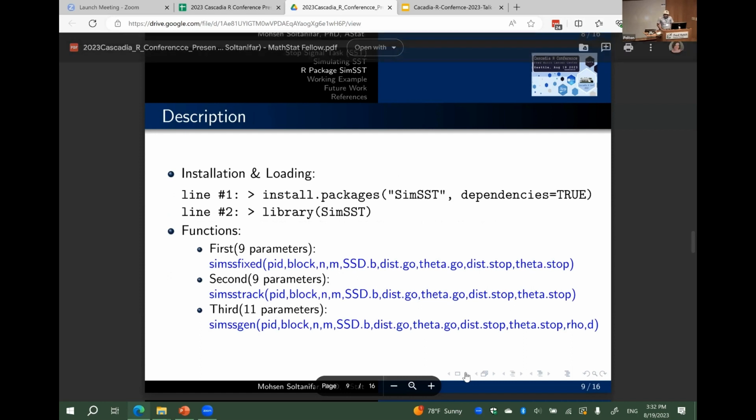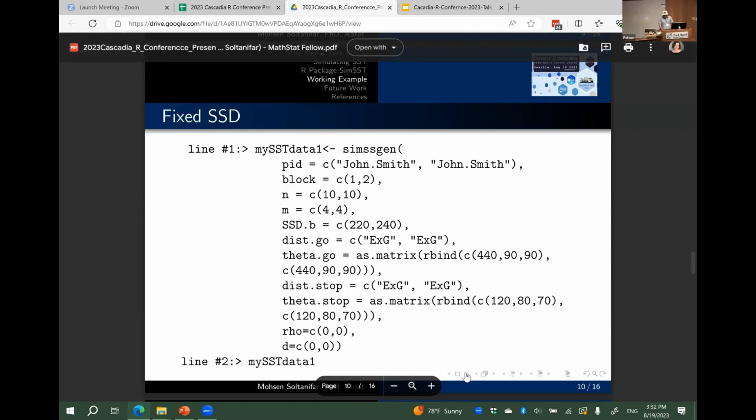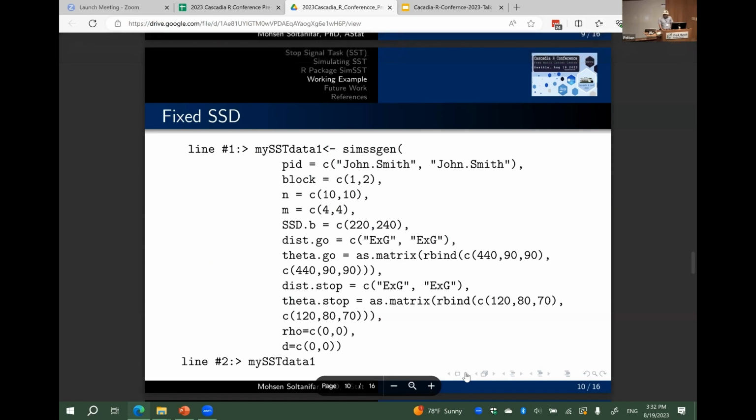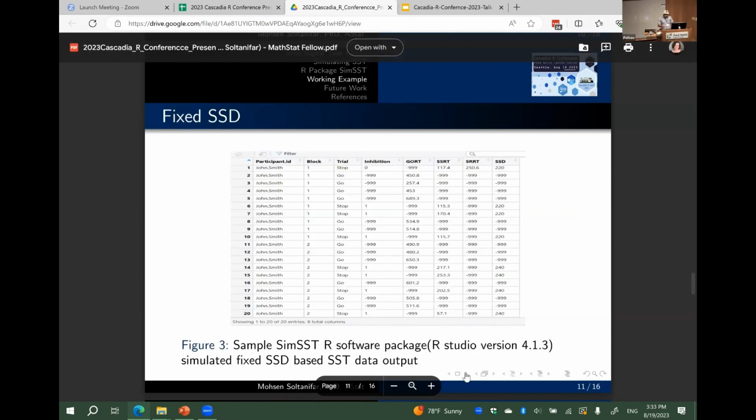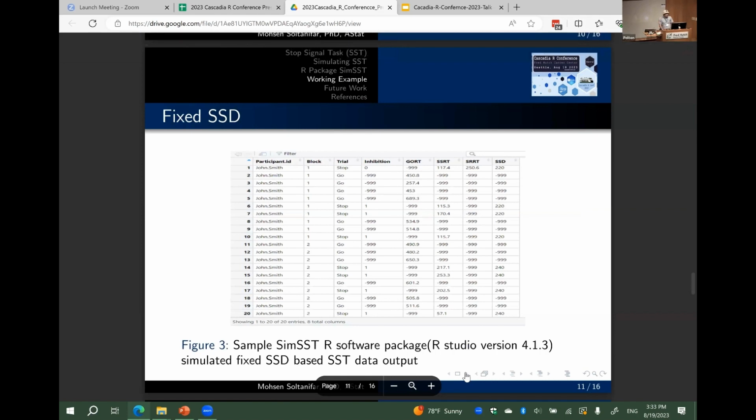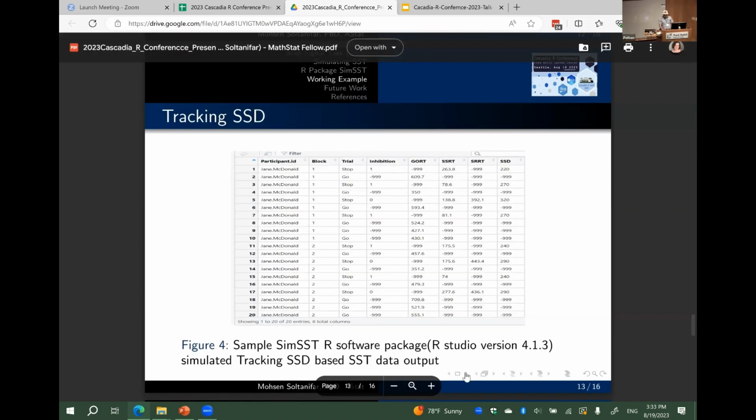It is easily installed by two lines of code, and it has three main functions. The bigger function has 11 components. The last two components, rho and D, are important. Rho gives you the type of the design, and D gives you whether the stopping is fixed or tracking. Here are two main simulation scenarios, one for fixed and one for tracking.